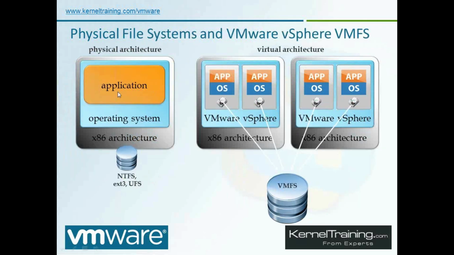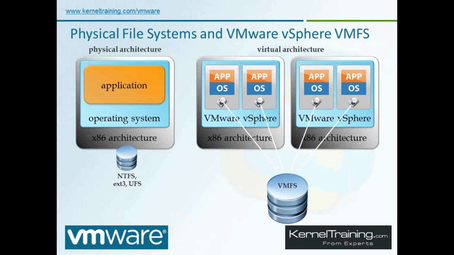Similarly, in my physical environment, I have my native file system depending upon what operating system you are using. If I am using Windows, then I can format my disk with NTFS or FAT. If it is Linux, then I can format it with ext3, or I can go for another kind of file system depending upon the operating system we are using.